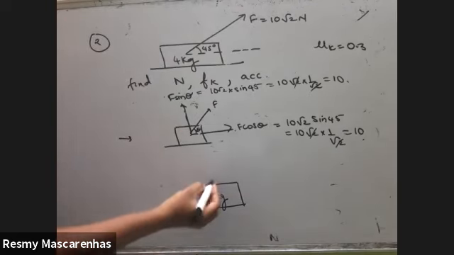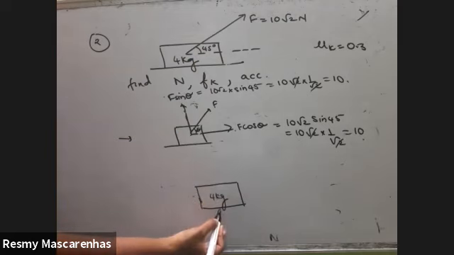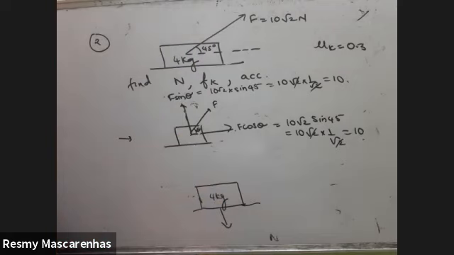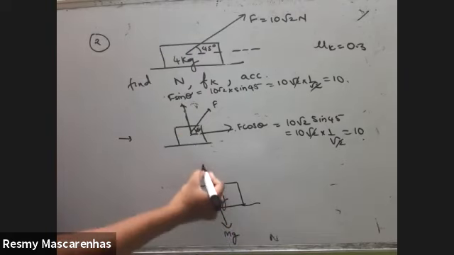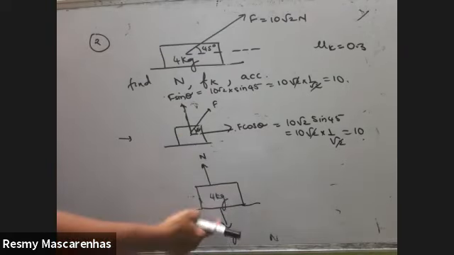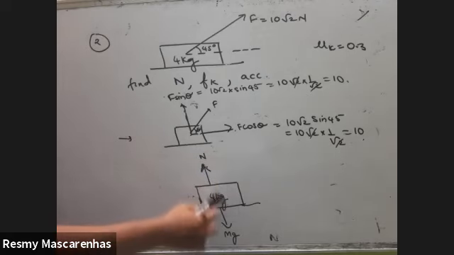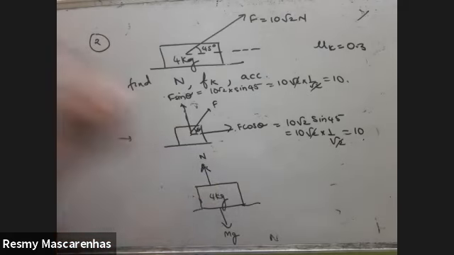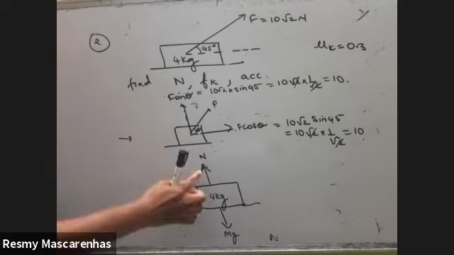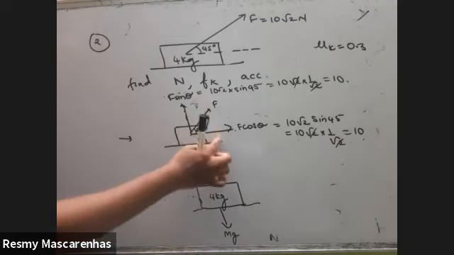Now only the components you write. Before that, which are the other two forces? For a block, there would be mg, there would be n. These are the compulsory ones which are always there for any block kept on a surface. Other than that, this force's components are also there.